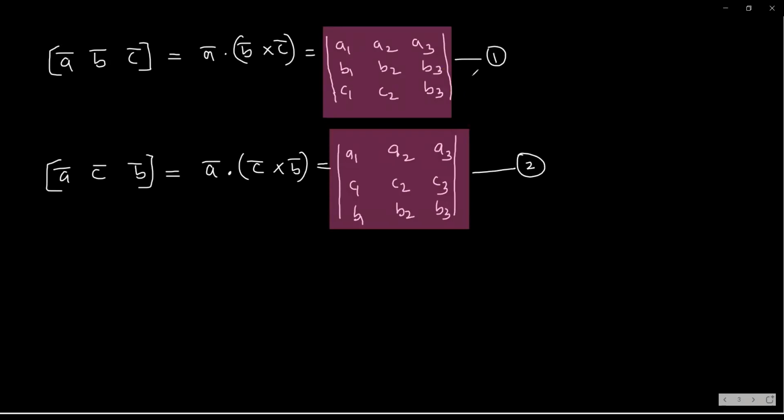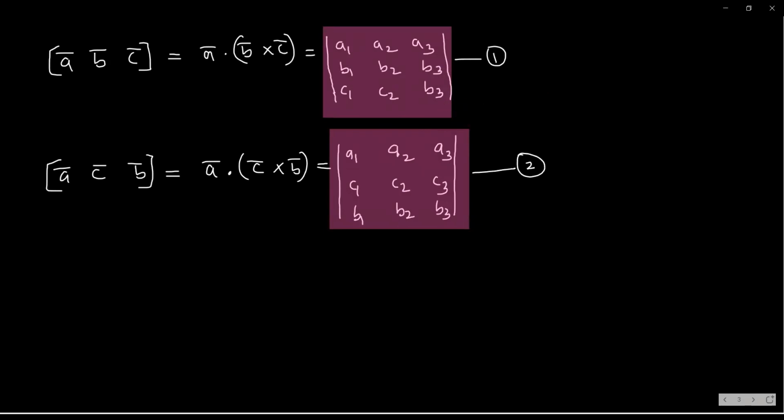It means if this determinant had the value, say alpha, then this determinant will have the value negative alpha. These two determinants are negative of each other.